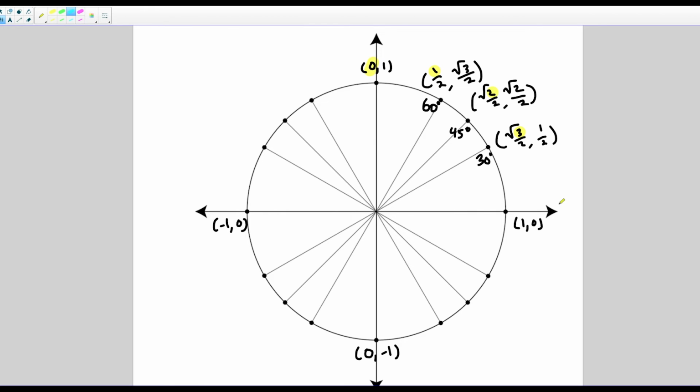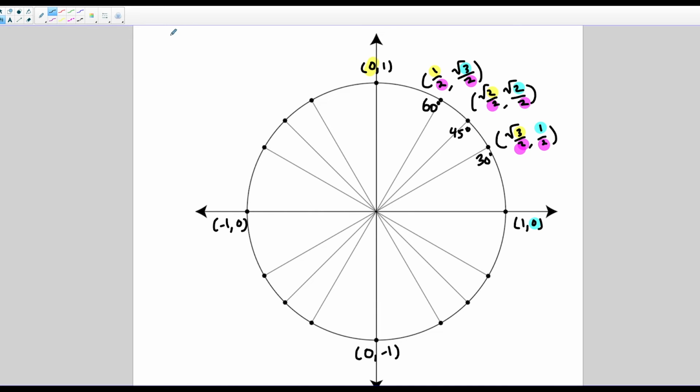Coming back the opposite direction, I'm going to start down here from 0, and we'll notice that we have 1, 2, and 3. And once again, we're going to put square root signs over the 3 and the 2. And the last thing that you need to keep in mind is that we're dividing everything by 2. So everything here is divided by 2. So if you can remember that, you've memorized this first quadrant.